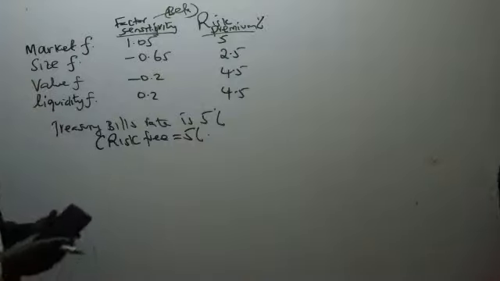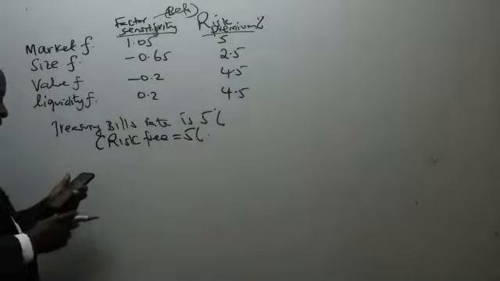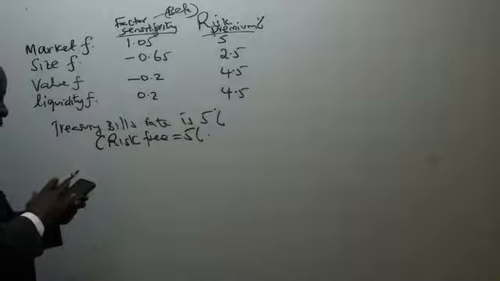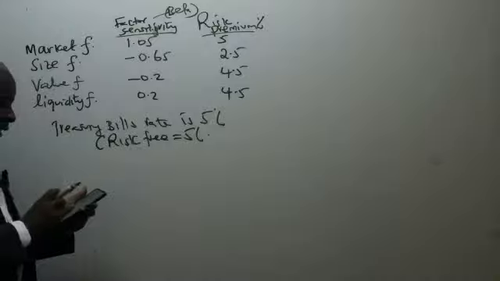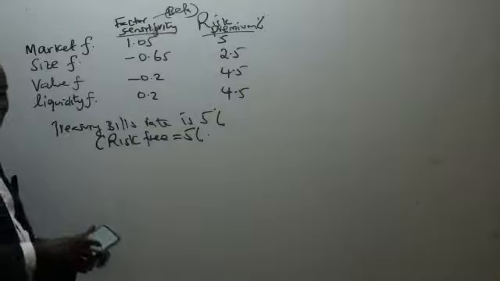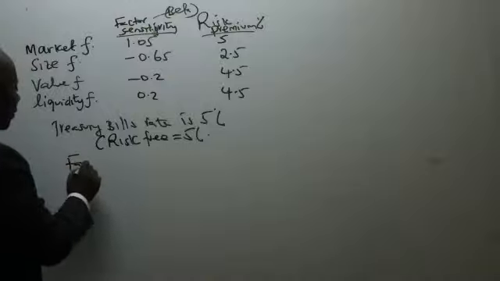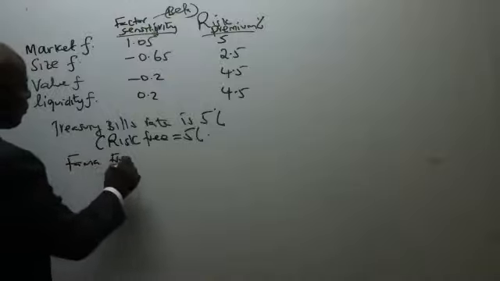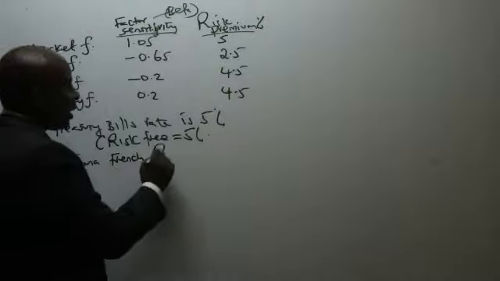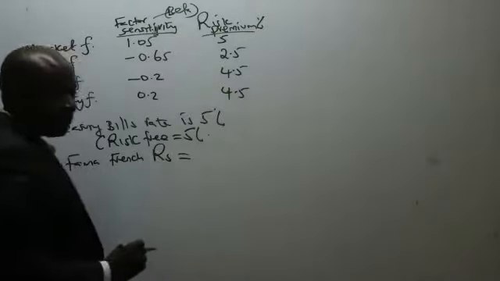You guys are great. So then they want us to do the first thing there. The first thing that they want us to give them is the required rate of return using the Fama-French model. So we have here Fama-French returns of a security.